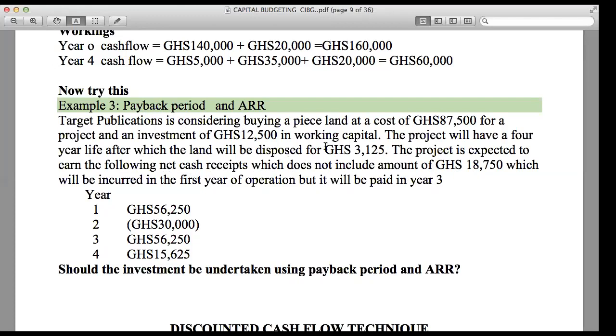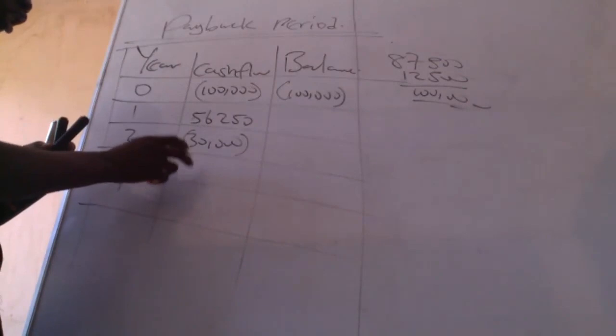Year three. Please, timing of cash flow is very important. Even though you incur it in year one, you pay it in year three. So we take it off from year three's cash flow, which was 56,250, right? Good. So we take 18,750 from it.